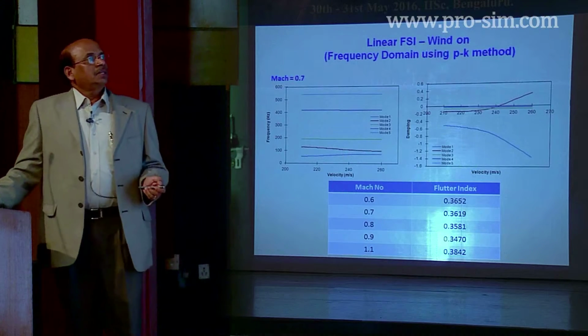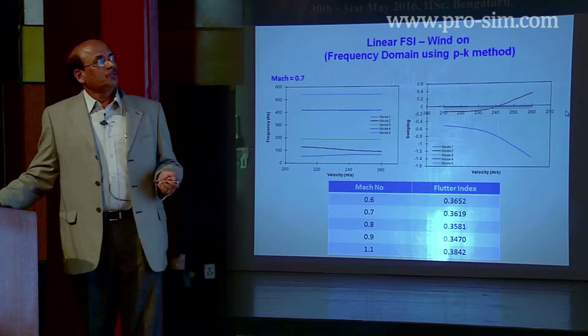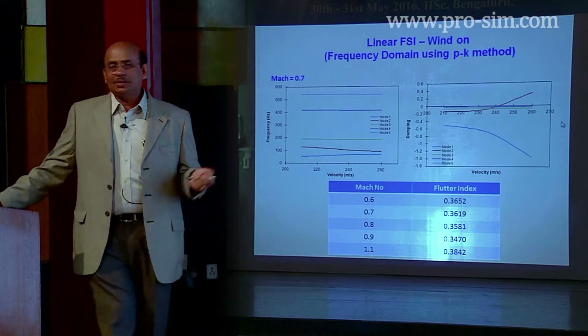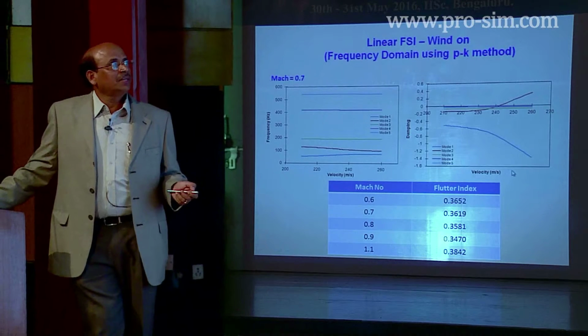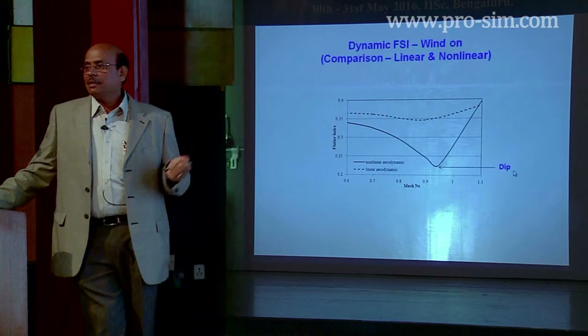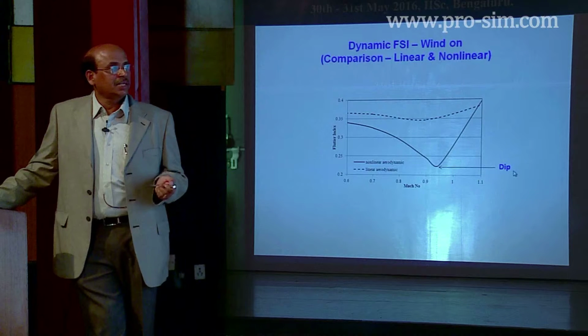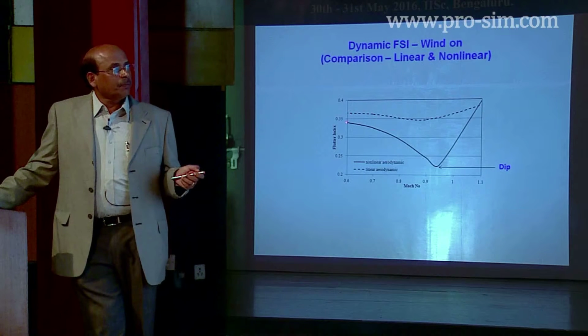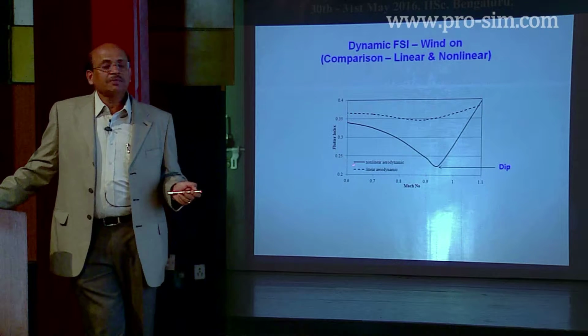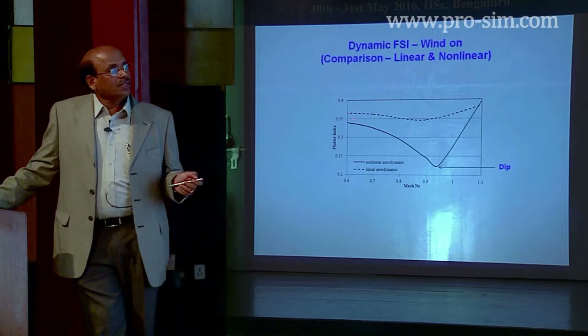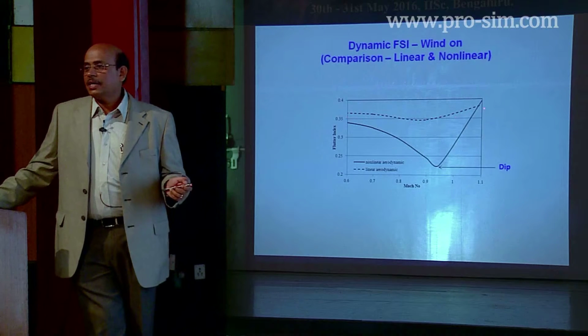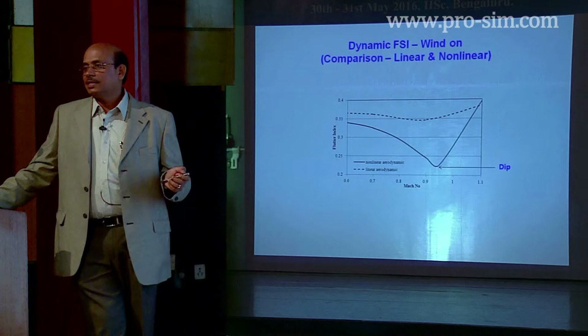Then similarly, I told you about linear fluid structure interaction analysis using conventional codes available, the conventional PK method and other methods that I discussed earlier. Here we have plotted the flutter index for different Mach numbers. This is what is predicted by our conventional linear aerodynamics code based analysis like the PK method.